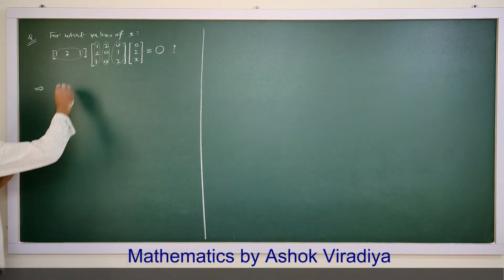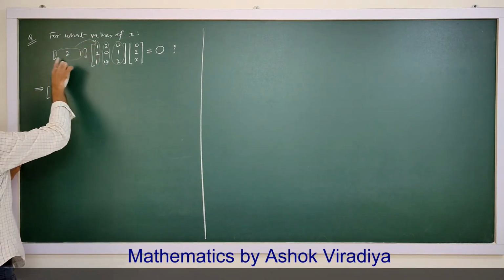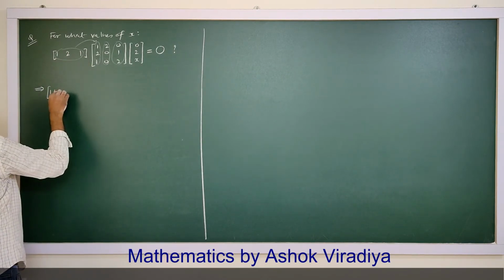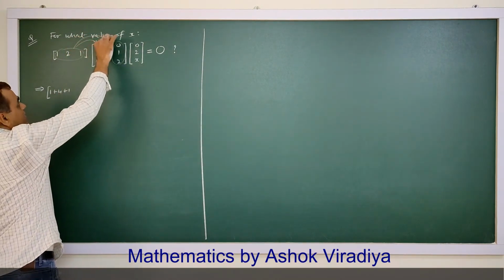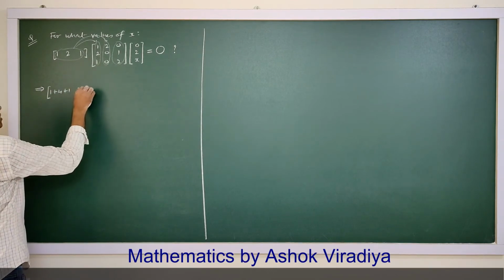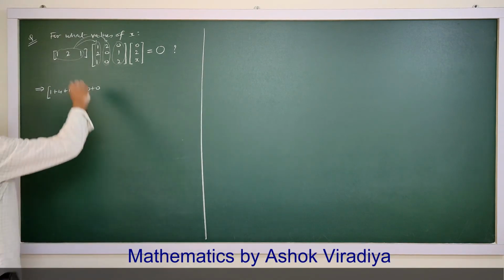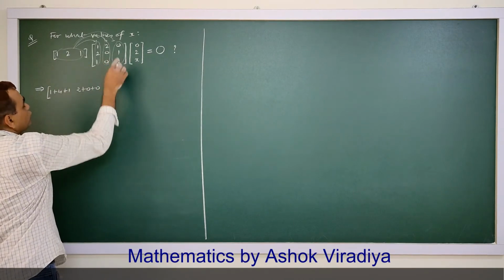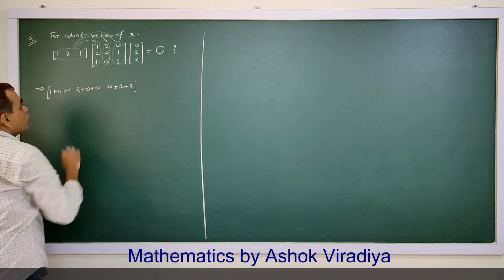Doing the multiplication, multiplying the first row with the first column: 1 into 1 is 1, plus 2 into 2 is 4, plus 1. Then go on to the next: 1 into 2 is 2, 2 into 0 is 0, 1 into 0 is 0. Then the next: 1 into 0 is 0, 2 into 1 is 2, 1 into 2 is 2. Multiplication is over.